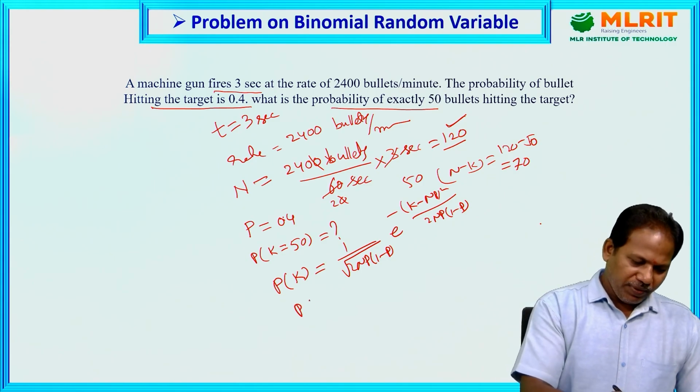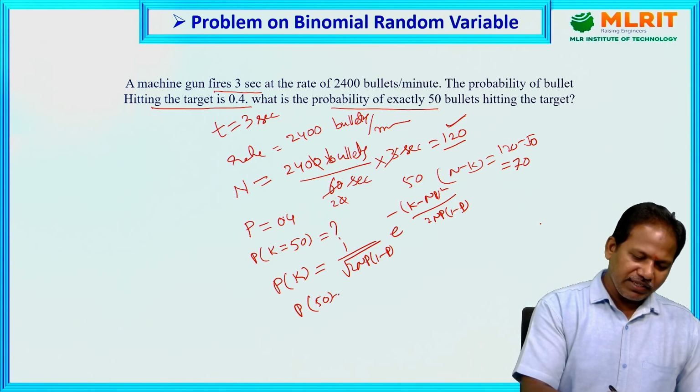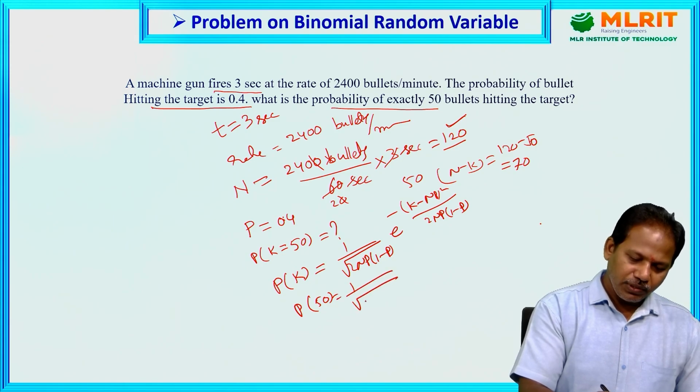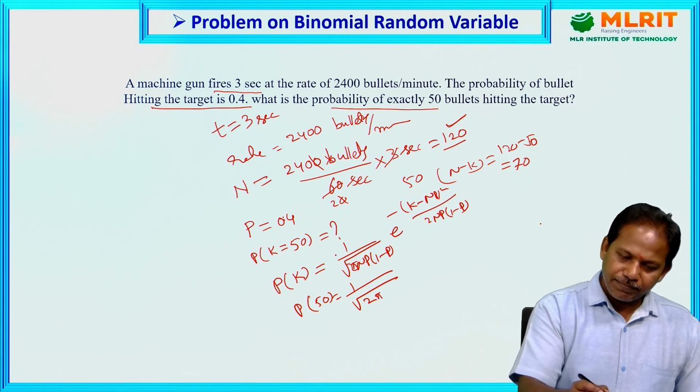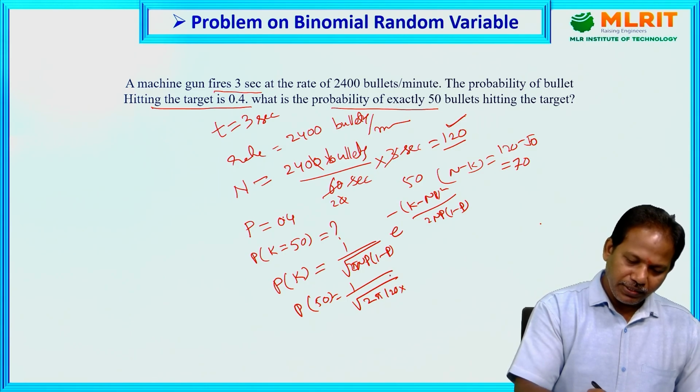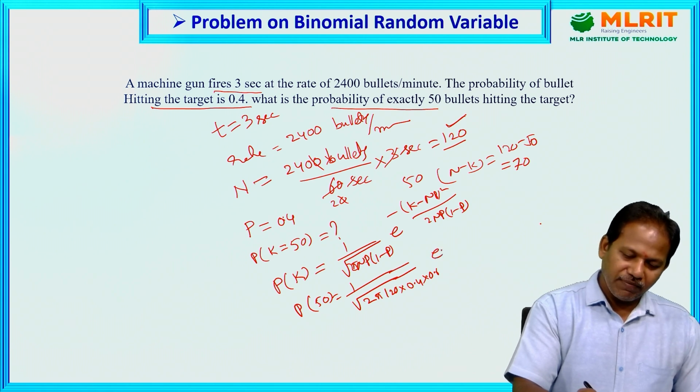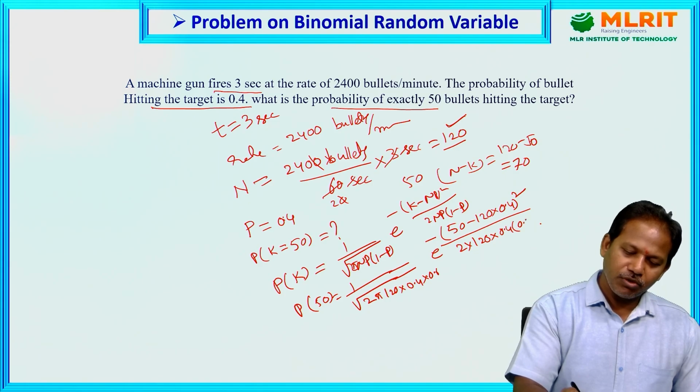That is, probability of k equal to 50 is equal to 1 by square root of 2 pi into n, 120, into p, 0.4, into 1 minus p, that is 0.6, into e power minus of k, 50, minus n, 120, into p, 0.4, whole square, divided by 2 into n 120, 0.4, into 0.6.